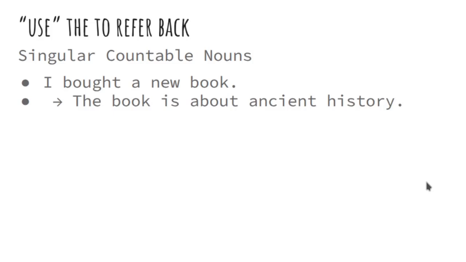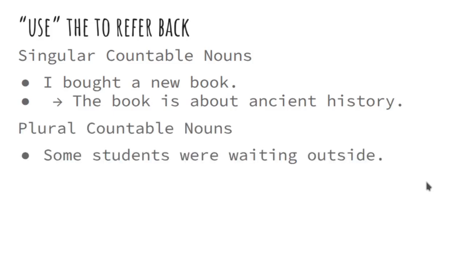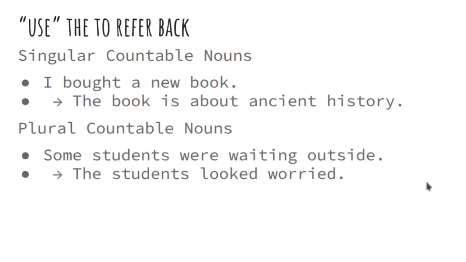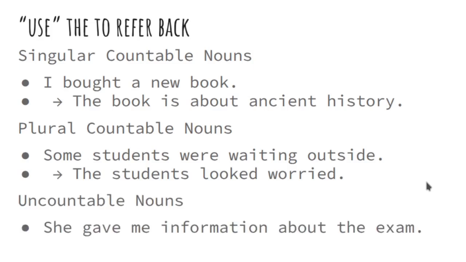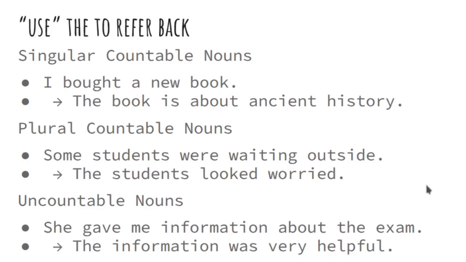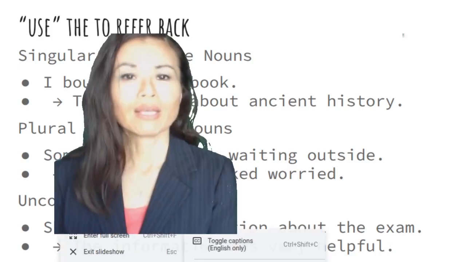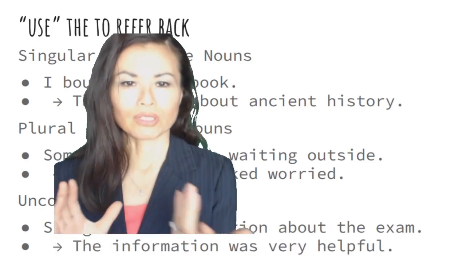The book is about ancient history. Students were outside. The students looked worried. She gave me information. Information is an uncountable noun. The information was helpful. Just add the in front of the noun to refer back to what you introduced.